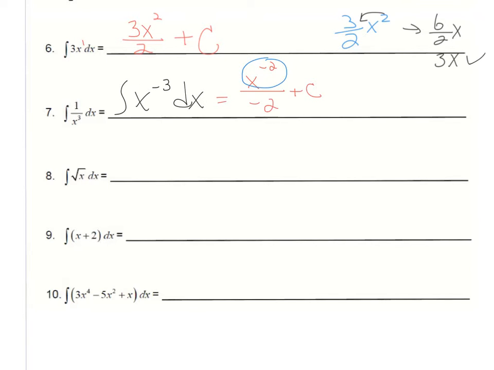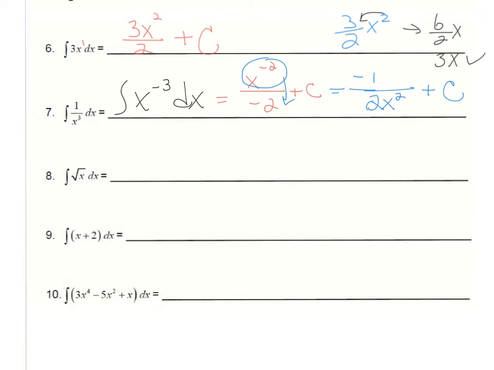Now this term with the negative exponent will move back to the denominator. We get -1 over 2x squared plus c. This negative, we don't have to leave it in the denominator. It can be in the numerator like that.